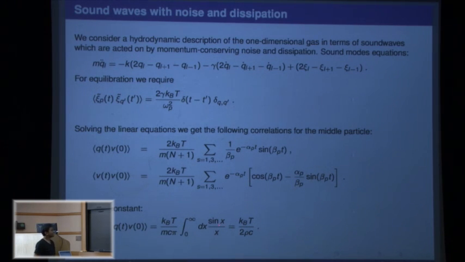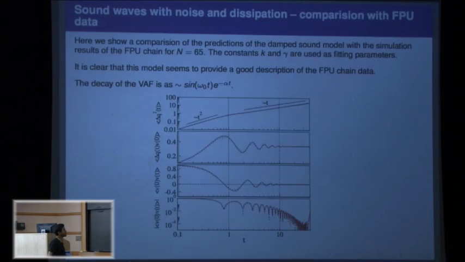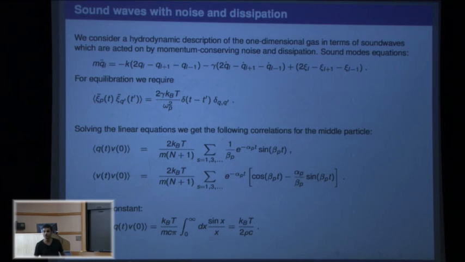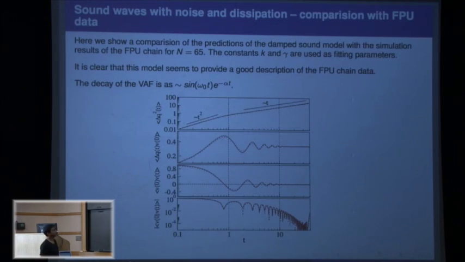So this is the diffusion constant, and this model works quite well. If I evaluate this numerically and compare with the FPU data, it's very good.